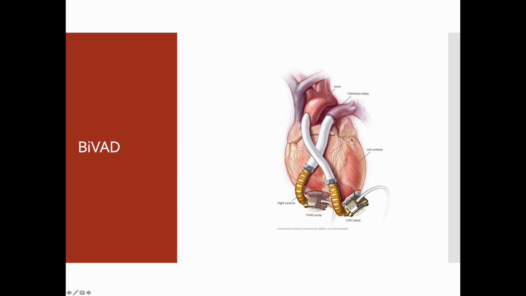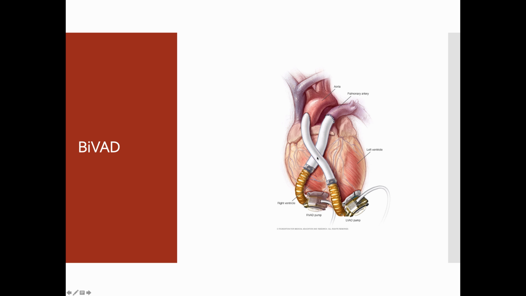The next device that we see used is a BiVAD, or biventricular assist device. This is so that we can support both the right heart and the left heart. These are pretty uncommonly seen, right? It's a complicated thing. I don't want to get into it too much, but essentially the LVAD is very useful for patients who have normal right heart function, who have normal pulmonary artery pressures.